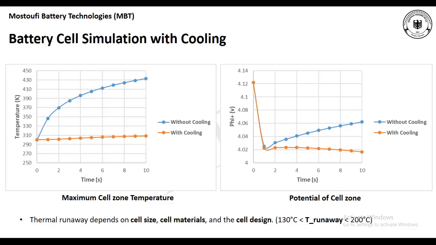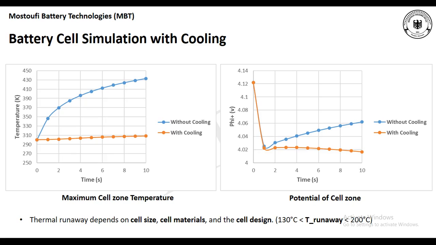As you can see here, we have done both the simulations, without cooling and with liquid cooling channels. For the maximum cell zone temperature, which is actually the faces of the cell zone and not the inside of it, we have a temperature rise up to 430 kelvins for the case without cooling and just 10 degrees for the case with cooling.